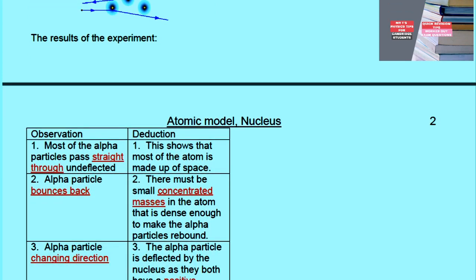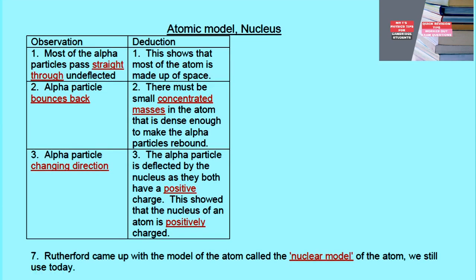Now let's try and get the deductions from these observations. Most of the alpha particles pass through without being deflected, so they pass straight through, like I showed you in the diagram. This shows that most of the atom is made up of empty space. Now of those alpha particles that bounce back, it means that there must be a small concentrated mass in the atom that is dense enough to make the alpha particle rebound.